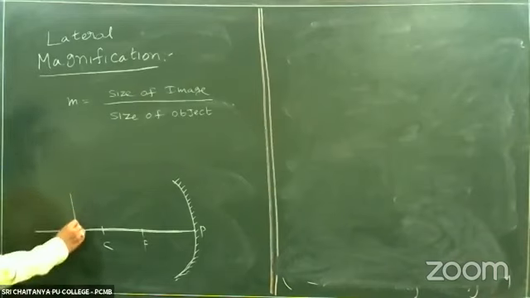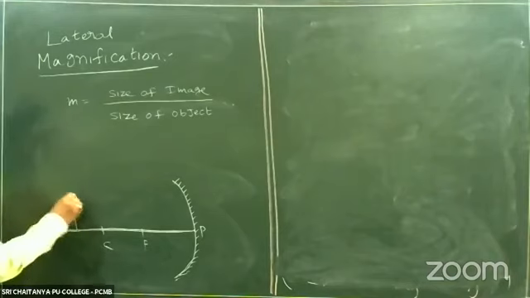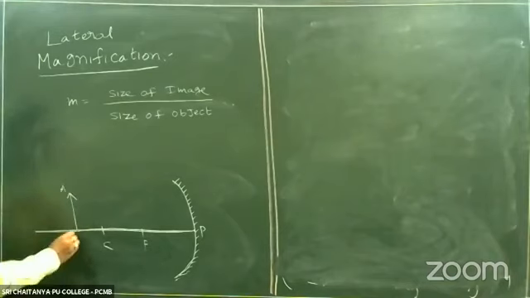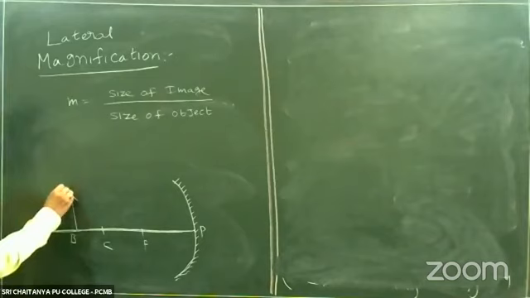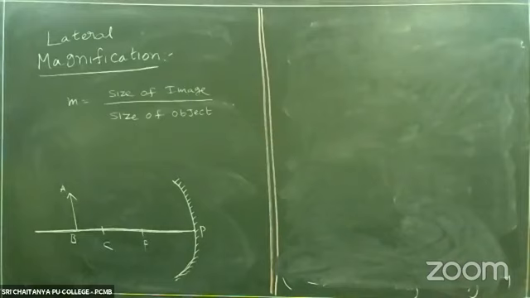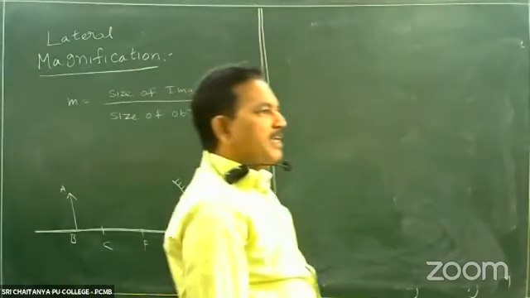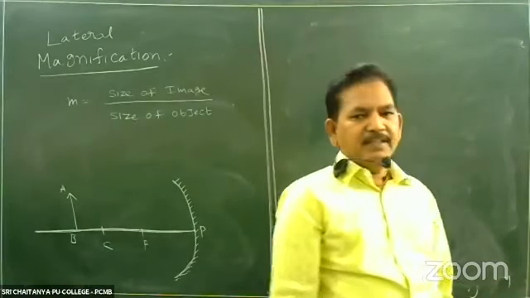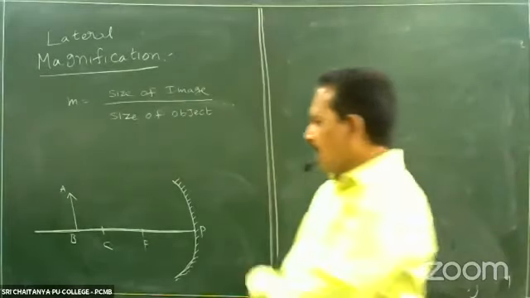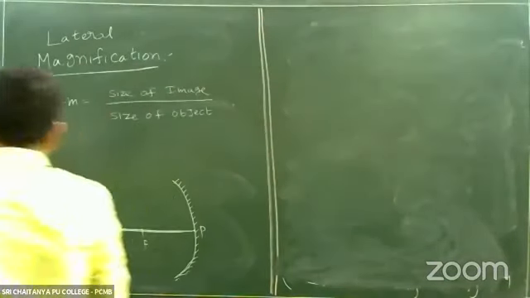The object is kept beyond the center of curvature. AB is the object. We know when the object is beyond the center of curvature, the image will be formed between the center of curvature and the principal focus.